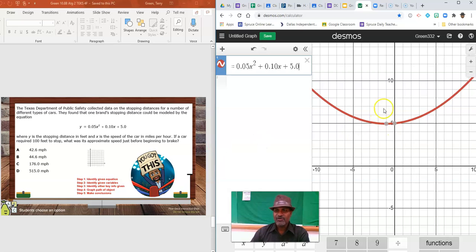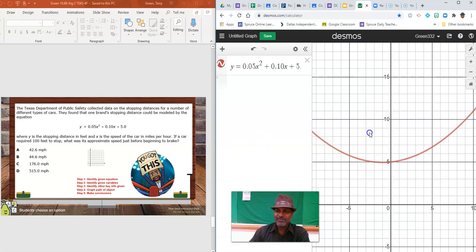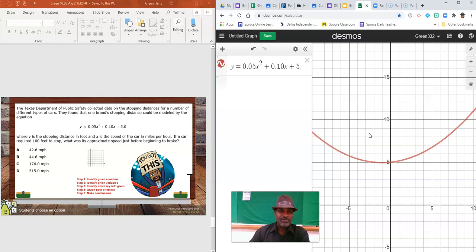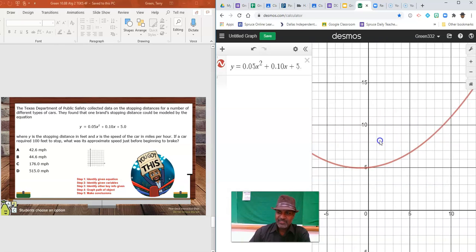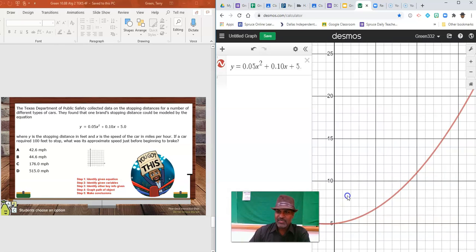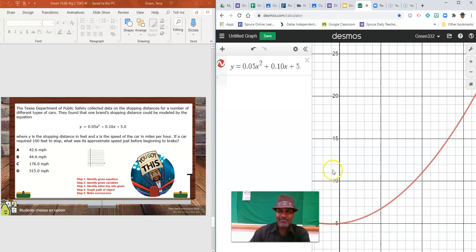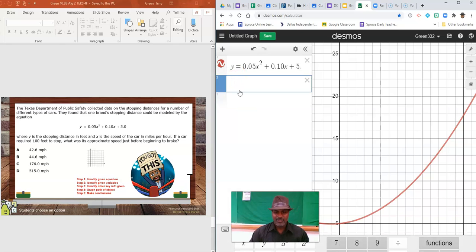Okay, so this equation models the stopping distance. We want to know, y is the stopping distance, so the y-axis is the stopping distance. So what happens when y is equal to 100? When the stopping distance is 100, we want to see what the speed is.